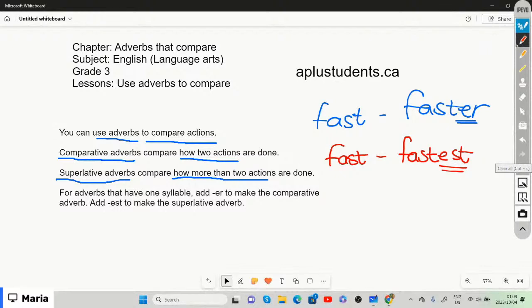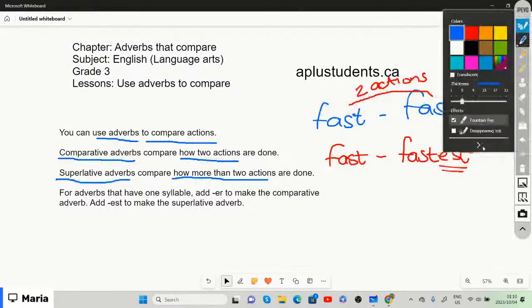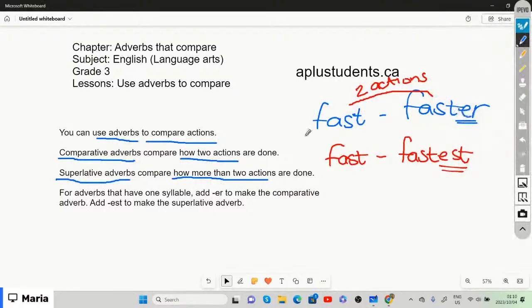So when it comes to comparative adverbs, we compare two actions that are taking place or that are done. So we can put here two actions. And when it comes to superlative adverbs, it is comparing how more than two actions are done.